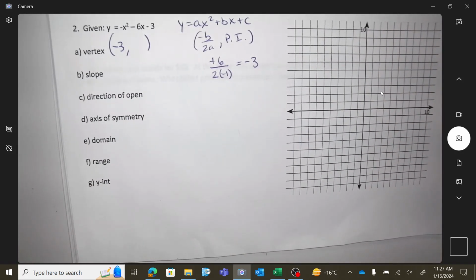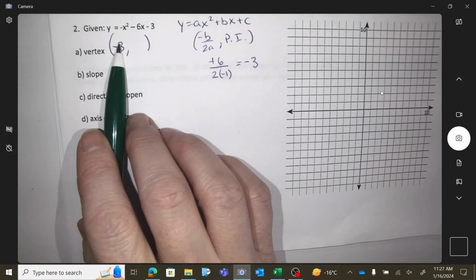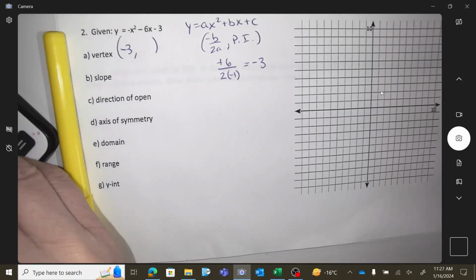I need every single person to have their calculator out and plug that in, because this one is a tricky plug-in. The negative of negative 3 squared minus 6 times negative 3 minus 3. Please plug it in.